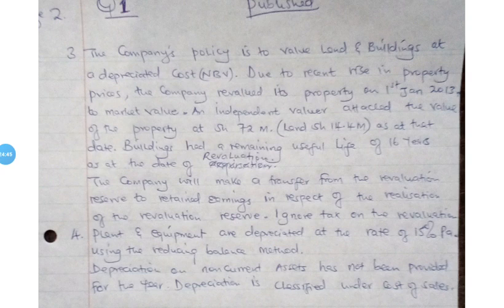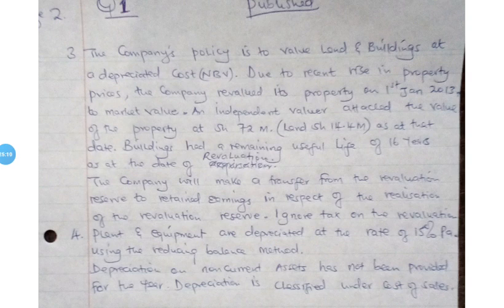Still in note number 3, we are told that buildings had a remaining useful life of 16 years as at the date of revaluation. So after revaluation, the buildings have a useful life of 16 years.